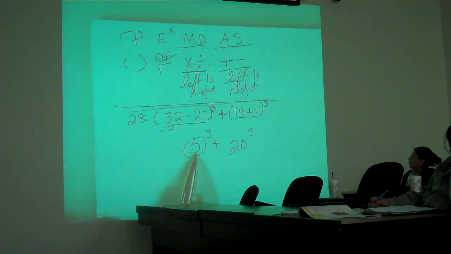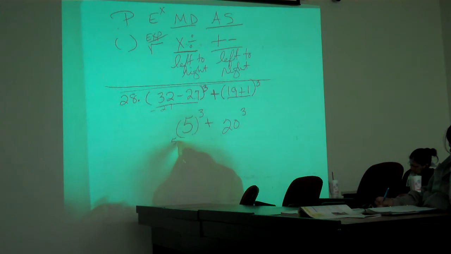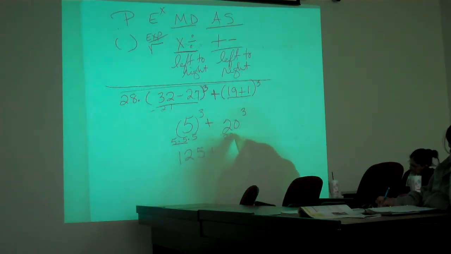Okay, this means 5 times 5 times 5. So 5 times 5 is 25, times 5 is 125, right. This is 20 times 20 times 20.